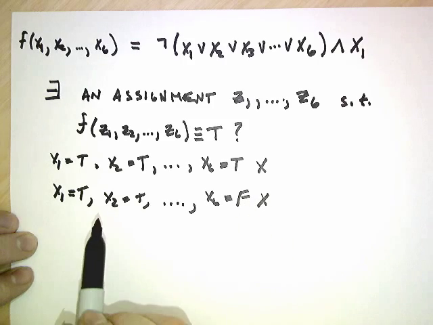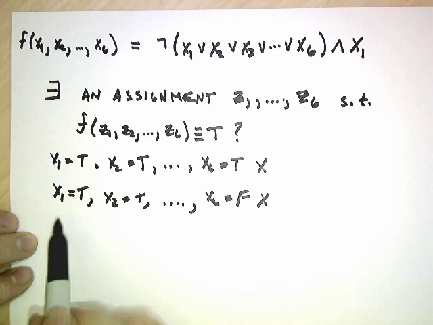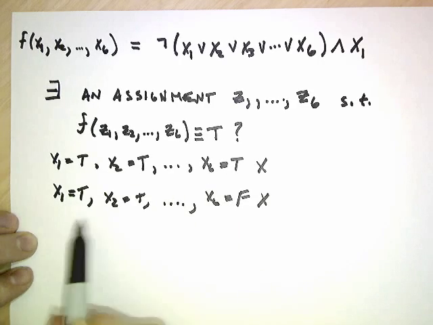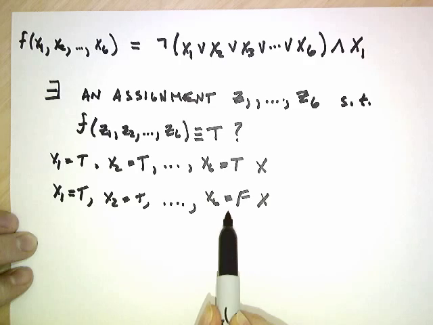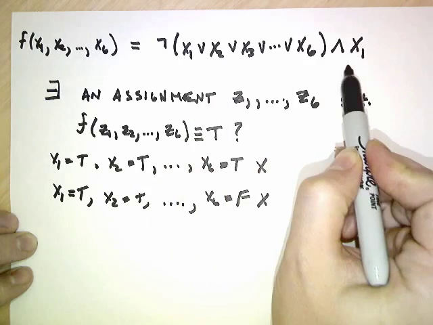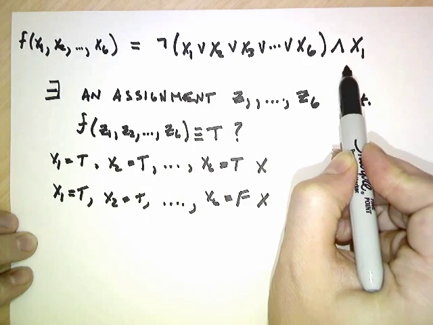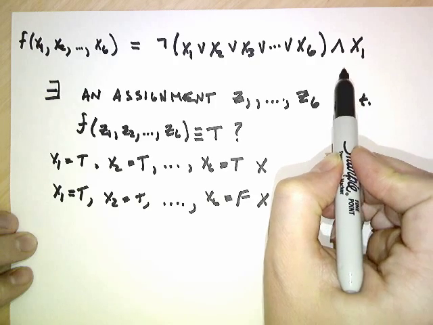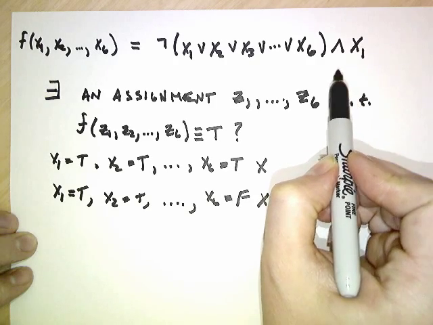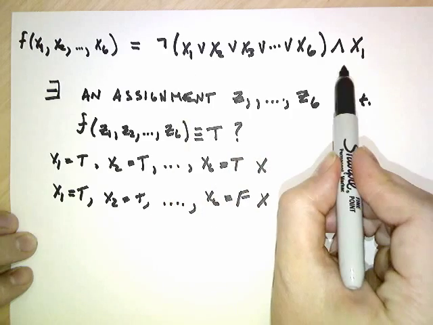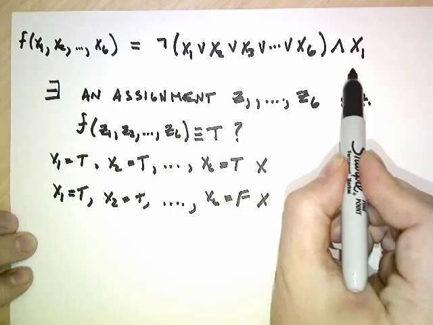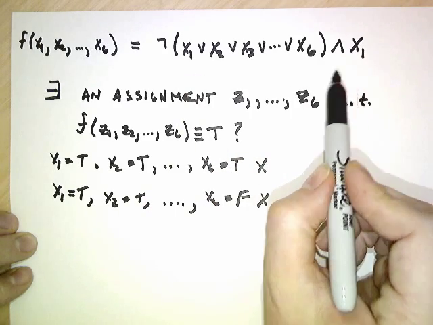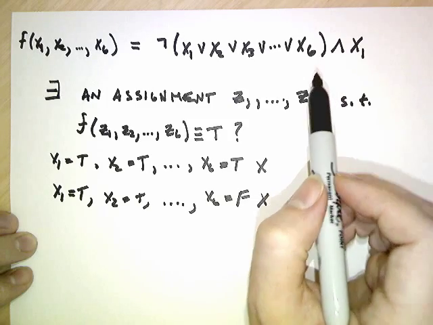Well, one way I could prove to you that the formula is unsatisfiable is to go through every possible assignment of the literals and simplify this expression after substituting every possible assignment, and see if any of them causes this formula to simplify to true. If they all cause the formula to simplify to false, then we know that it's unsatisfiable.